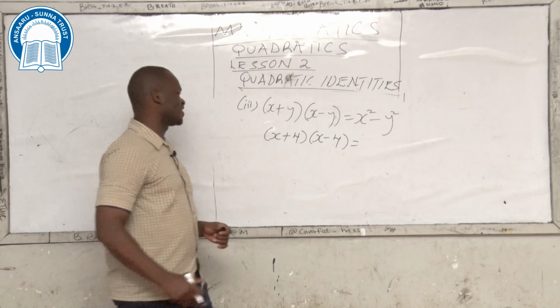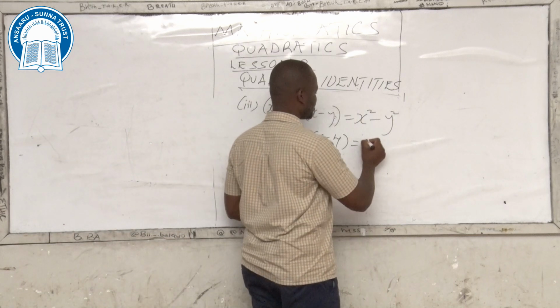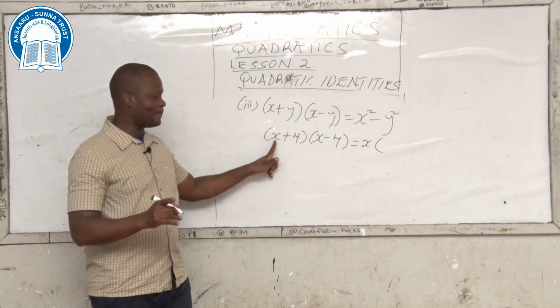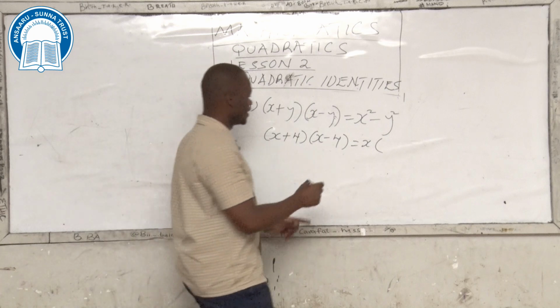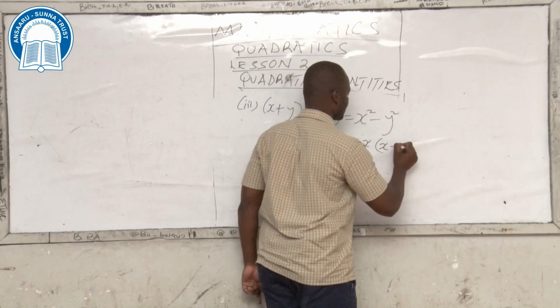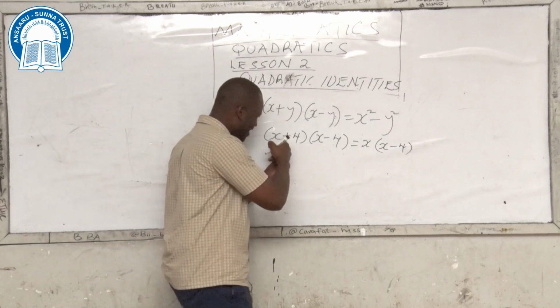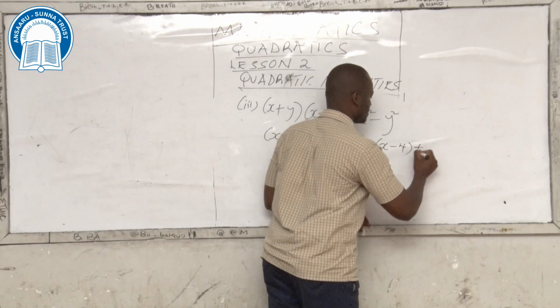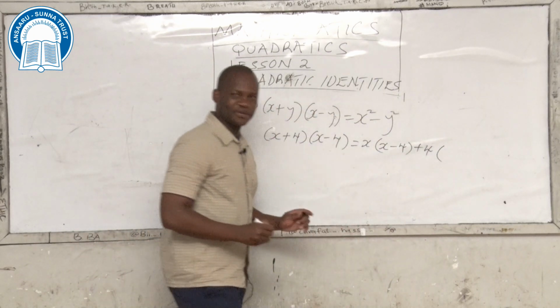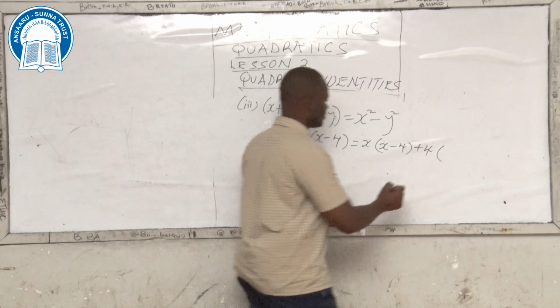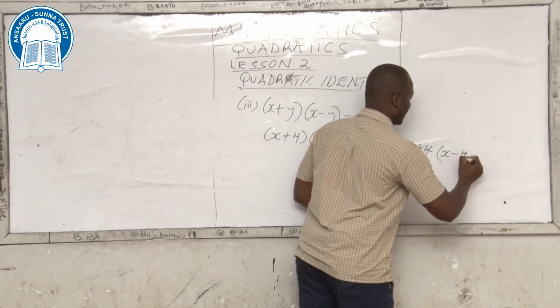Using the long multiplication, we are saying we shall have x, which is the first term of the first bracket, times the entire second bracket, plus 4 times again the entire second bracket, x minus 4.